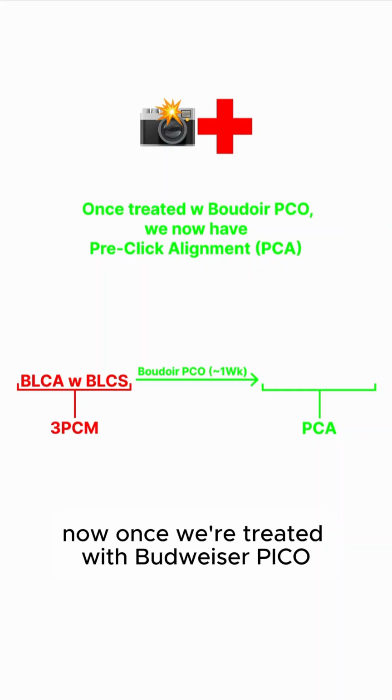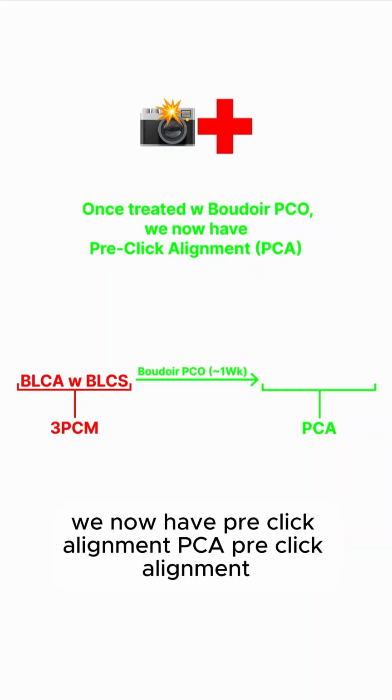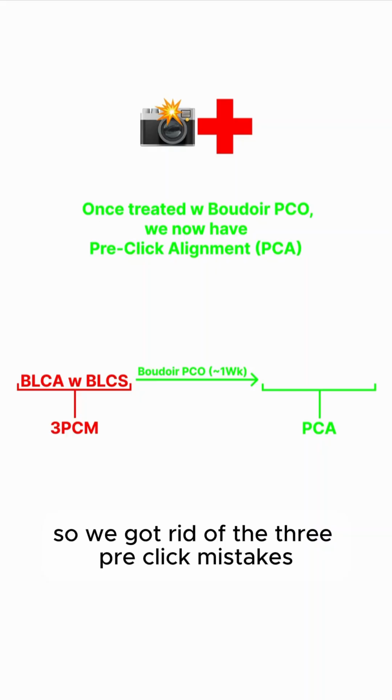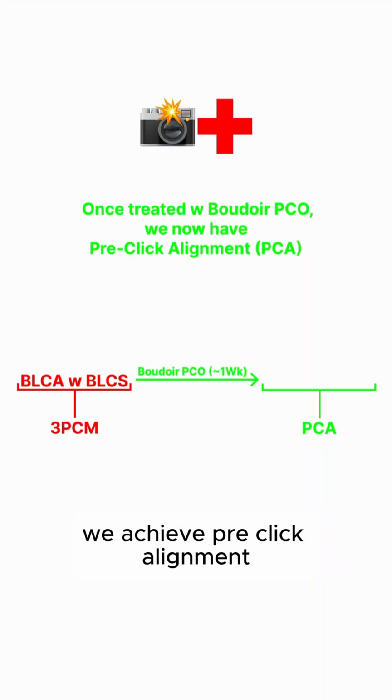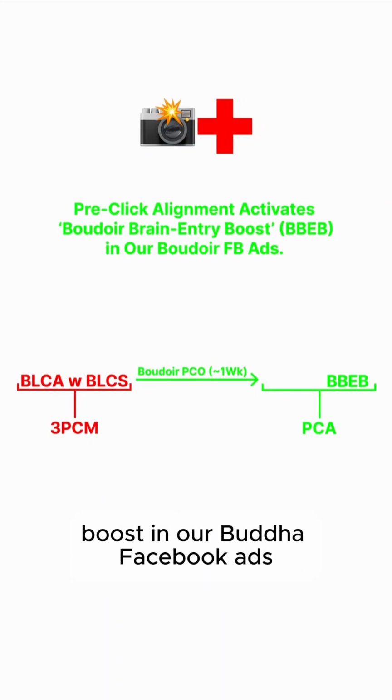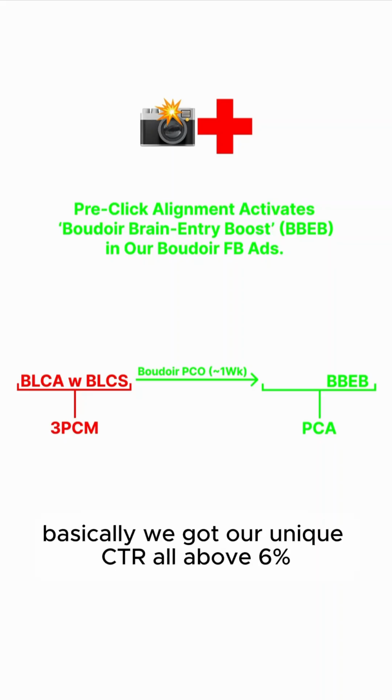Now, once treated with Boudoir Pico, we have pre-click alignment, PCA. We got rid of the 3 pre-click mistakes and achieved pre-click alignment. Pre-click alignment activates Boudoir brain entry boost in our Boudoir Facebook ads. Basically, we got our unique CTR all above 6%.